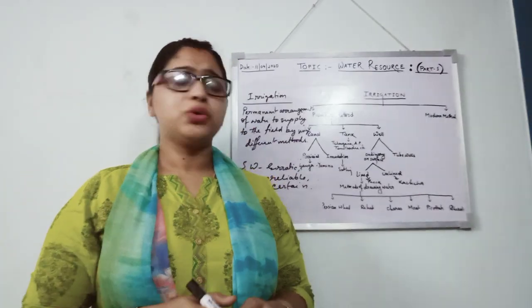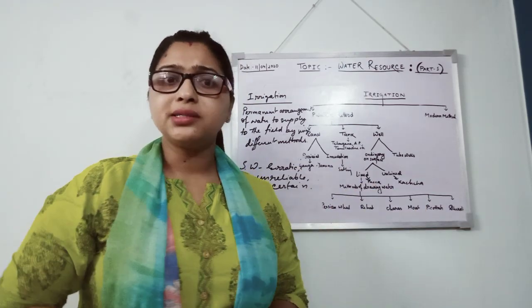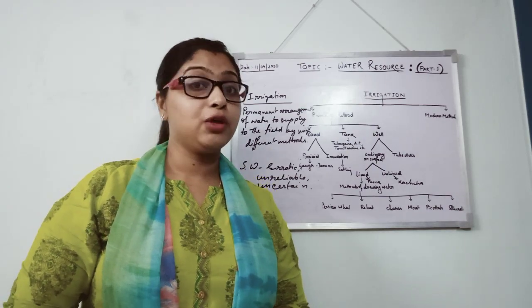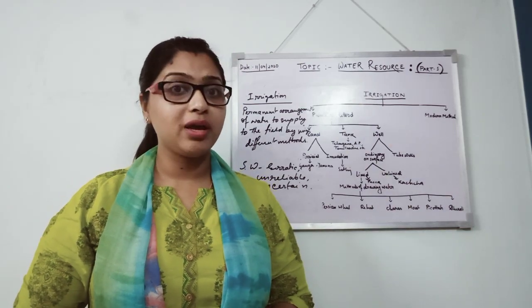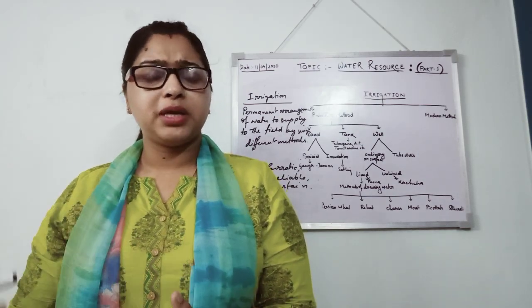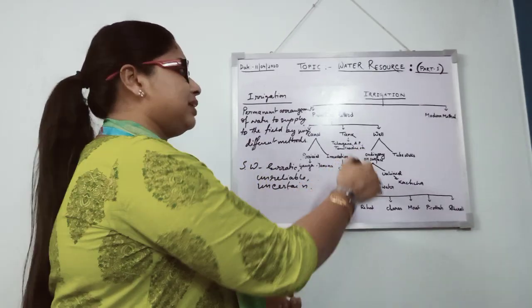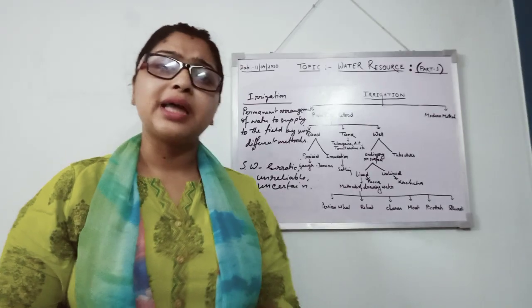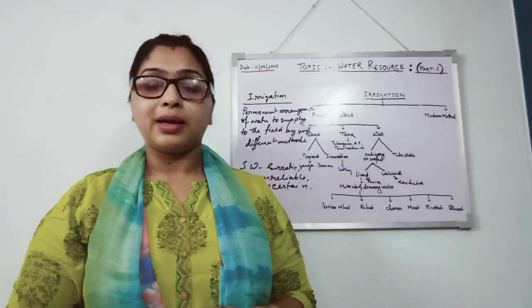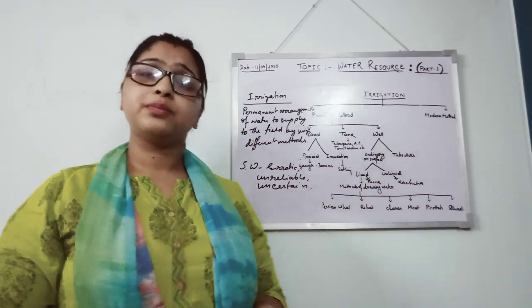Somewhere they are using bullock carts to draw the water, somewhere they are using camels, like in the Rajasthan area, and somewhere they are using other processes to draw the water. Mostly, well irrigation is done manually. Okay? Clear, students?